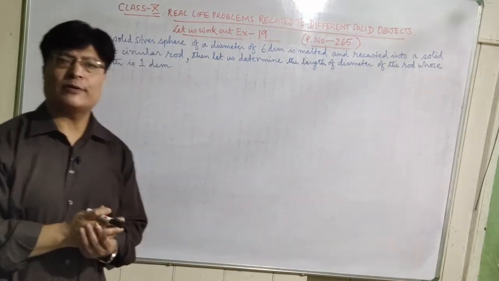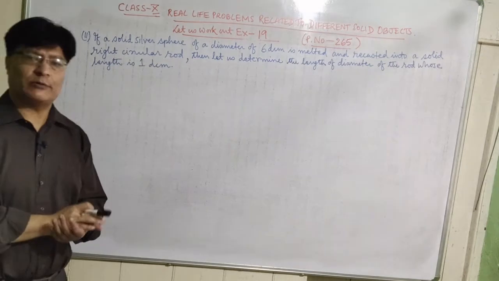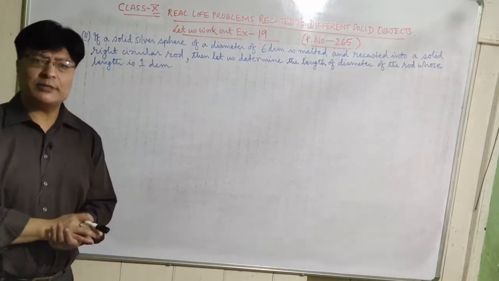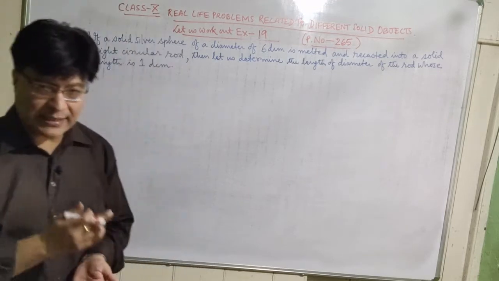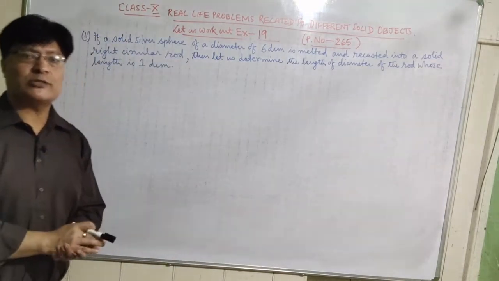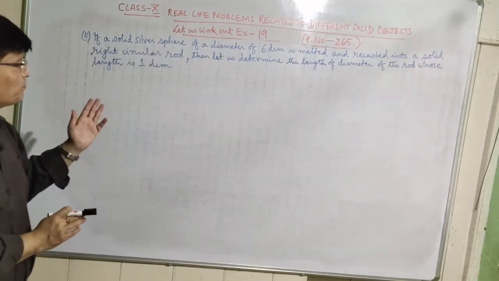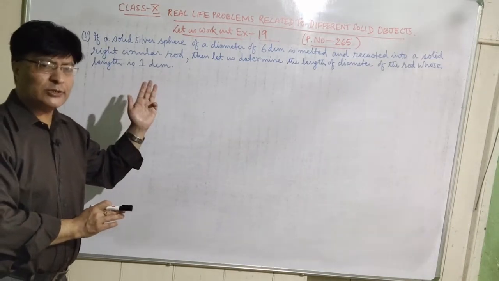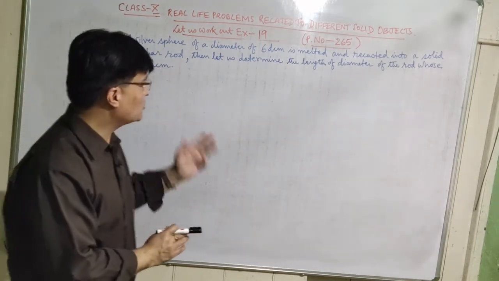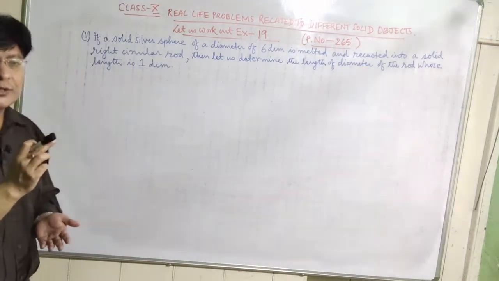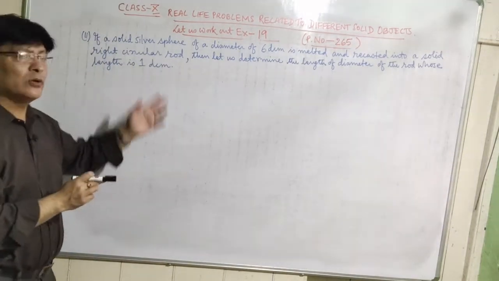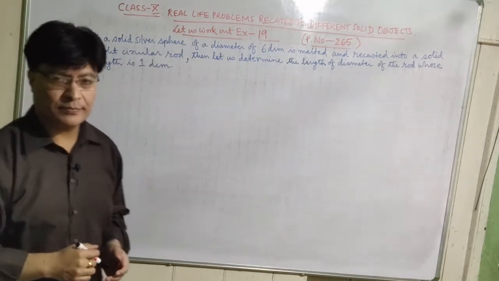Here a solid silver sphere is given whose diameter is 6 decimeter. It is melted and it is recasted into a right circular cylindrical rod. So in this case you have to determine the length of the diameter of the rod whose height or length is 1 decimeter.